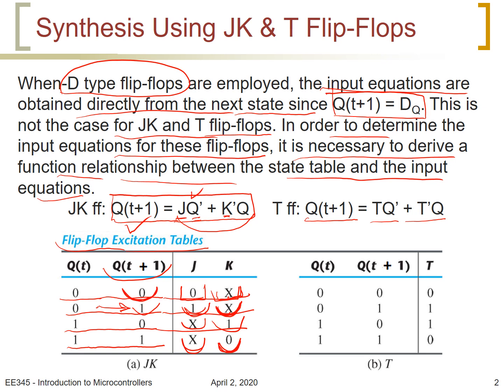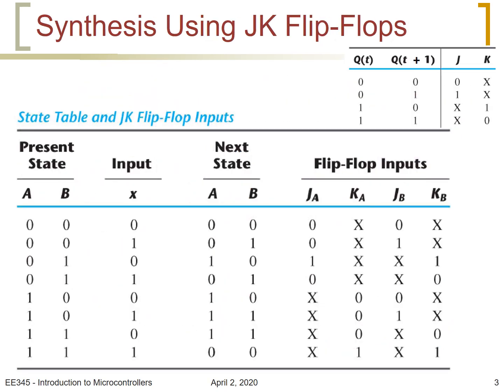Now for the T flip-flop, it's simpler actually, because if Q of t and Q of t plus 1 are the same, whether they were 0, 0 or 1, 1, T must be 0. And if they are complements of each other, so if it was 0 and became 1, or 1 and became 0, T must be 1.